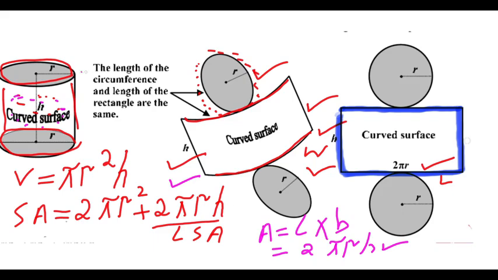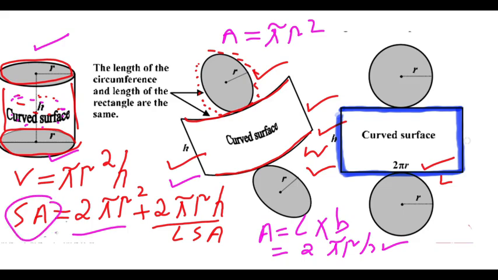And for the two circles, the area of the top circle is pi r square. We have two circles, so that's where 2 pi r square comes from: one circle at the top, one at the bottom. So this is the formula for the surface area, and this is the formula for the volume.